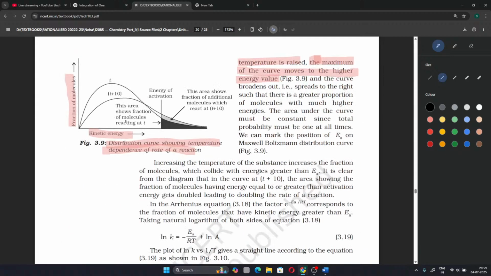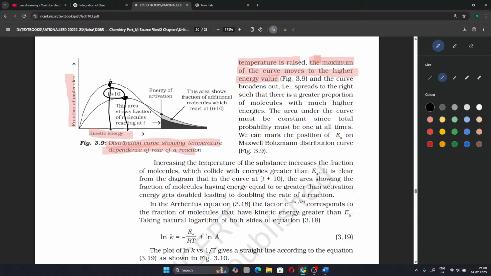This area shows the fraction of molecules reacting at T. When we increase the temperature to T plus 10, the most probable is around here, and at T, it is here.